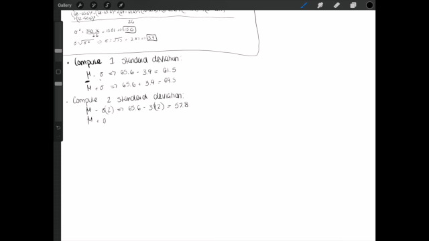Then we're going to do the opposite and add. This gives us 65.6 plus 3.9 times 2, which gives us 73.4. Now we are going to compute the third standard deviation.